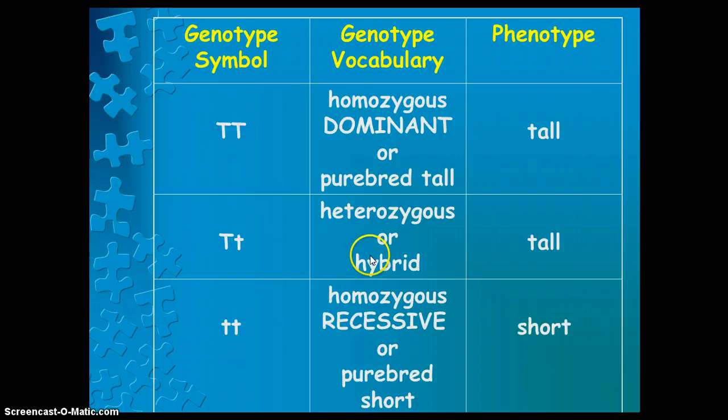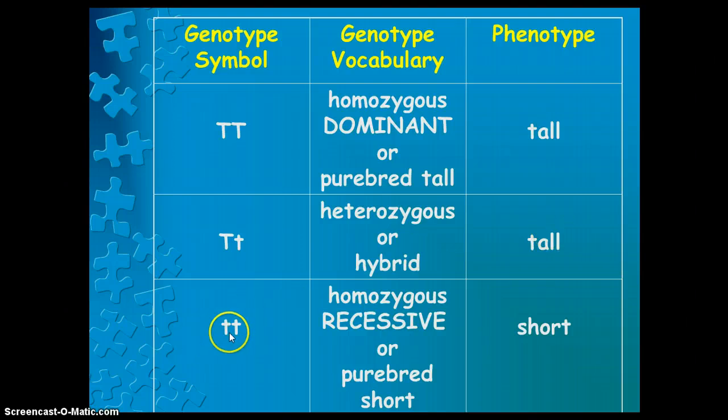Heterozygous or hybrid, which means that we have 2 different alleles here. One of the alleles is for tall and the other allele is for short. Since the tall allele is dominant to the short allele, this big T dominates over the smaller t, and we have a tall pea plant.